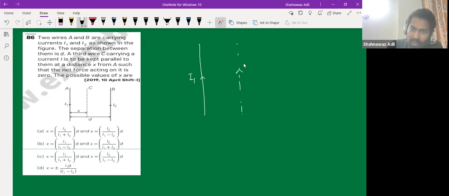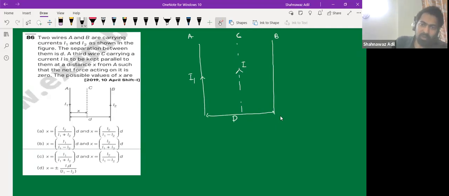So let's say this is the current direction. And we have another wire, right? This distance is d, right? So we want to calculate the force on a third wire C placed at a distance x from A such that the net force acting on it is zero.